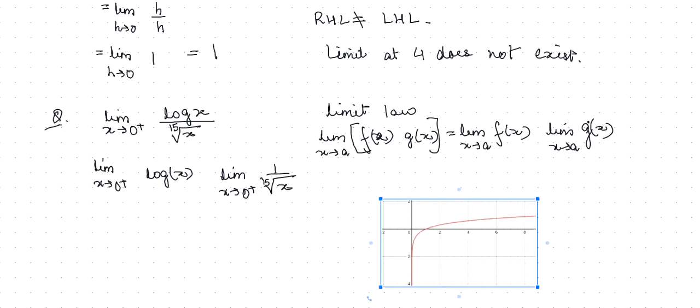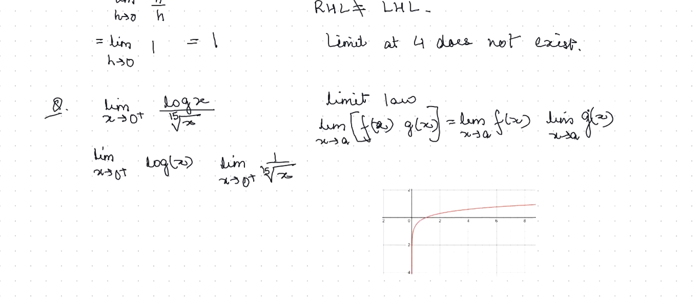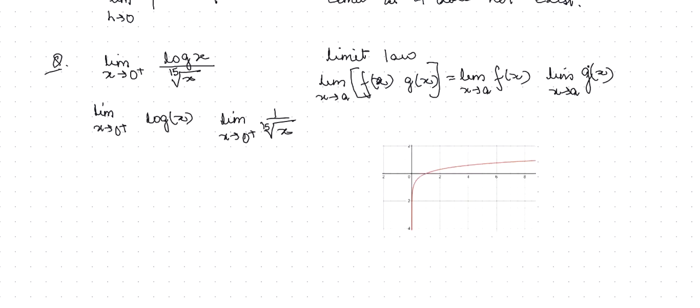So we see that as it is more towards 0, this is the graph of the log function. As it is more near to 0, the value goes to -infinity.